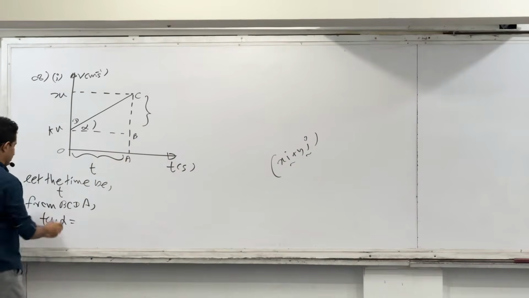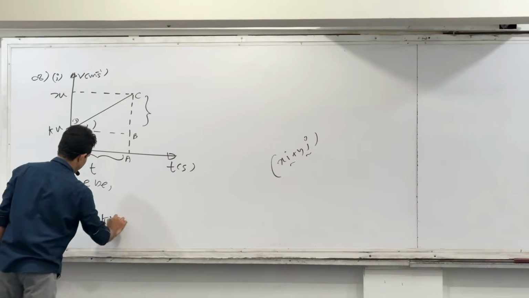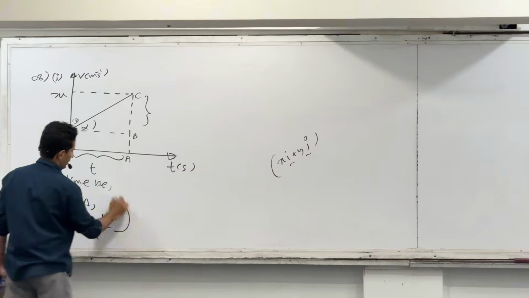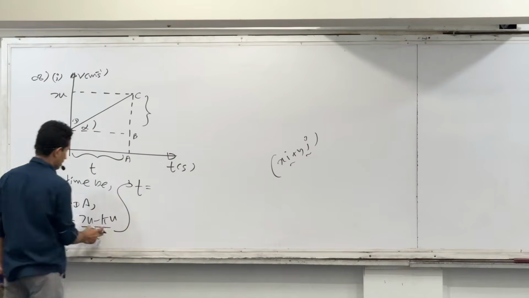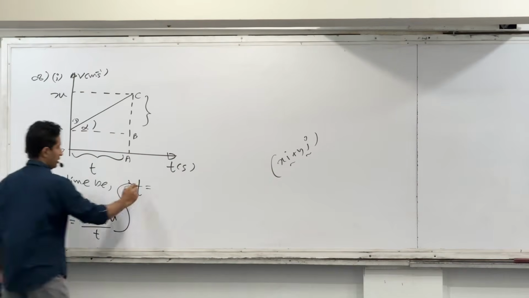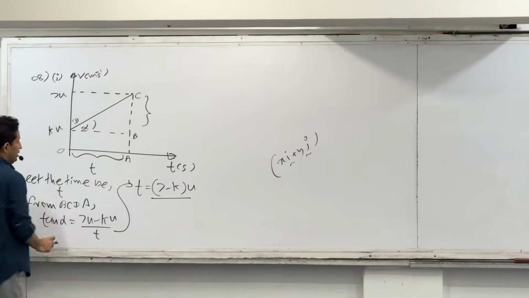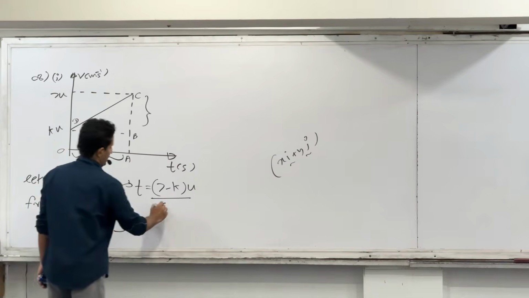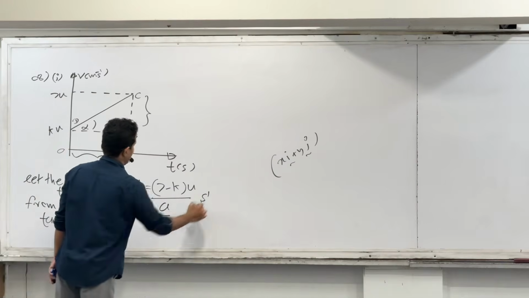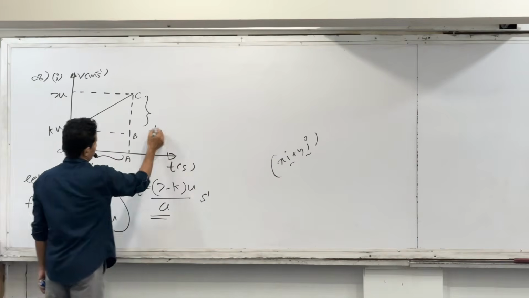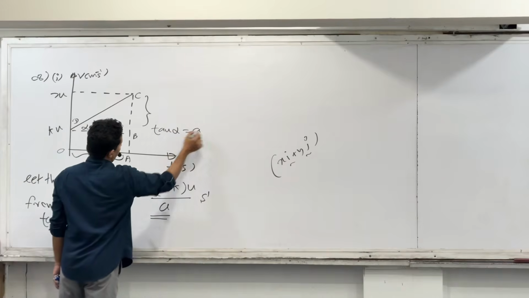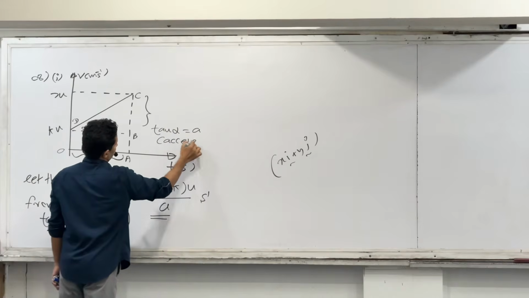It is 7u minus ku, divided by t. Now you can make t the subject. t equals (7 minus k) times u divided by tan alpha, which is a. So t equals (7 minus k)u over a seconds, since tan alpha is the acceleration a.